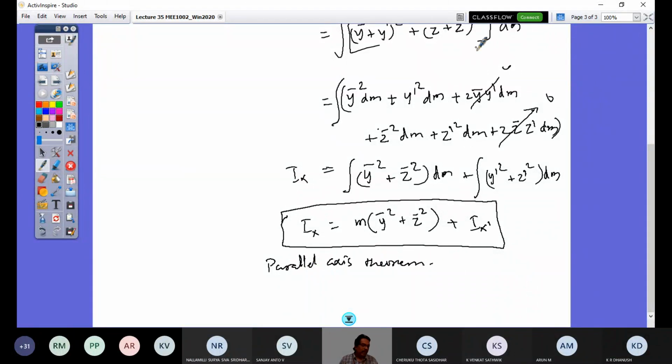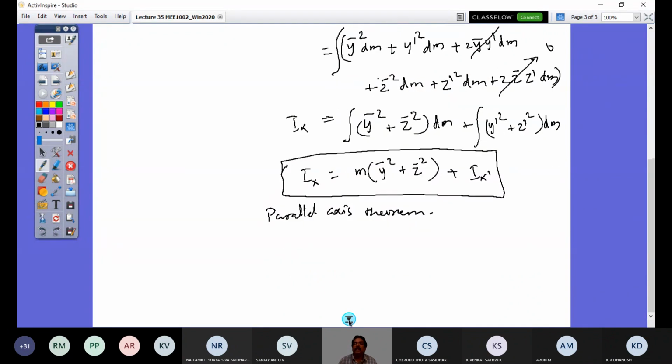What we have seen in the case of area moment of inertia, similarly, there we had the area, whereas here it is mass. Similarly, you can also have Iy given by mass into x bar square plus z bar square plus Iy dash.